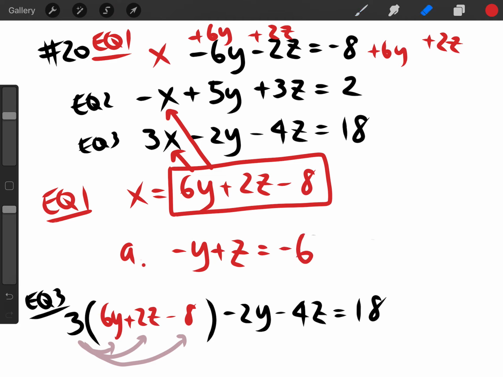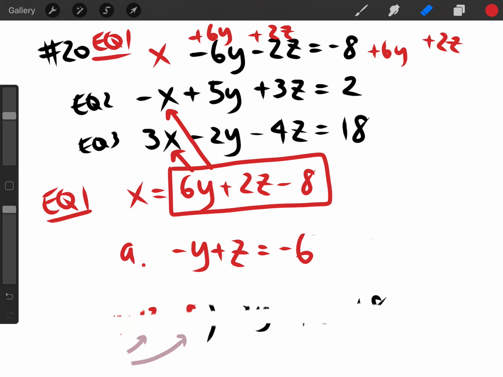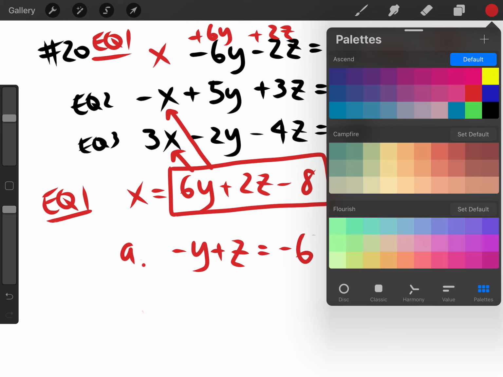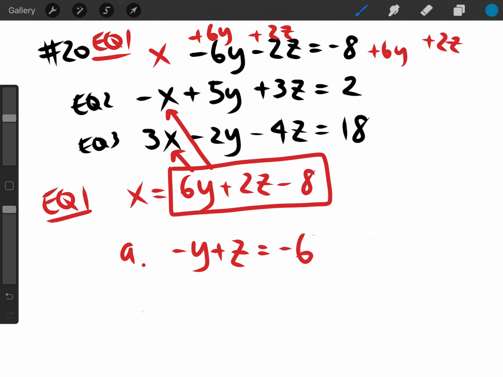If you combine the like terms for equation number 3, it's okay that I erased it because this is a video, so you can always go back and see what I wrote earlier. That's going to be equation B: 16y plus 2z equals 42.